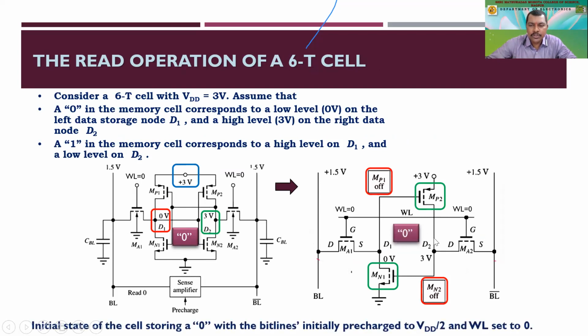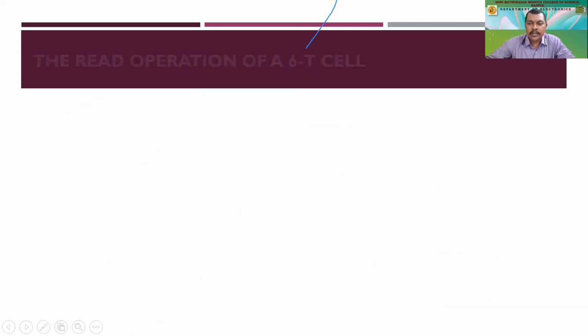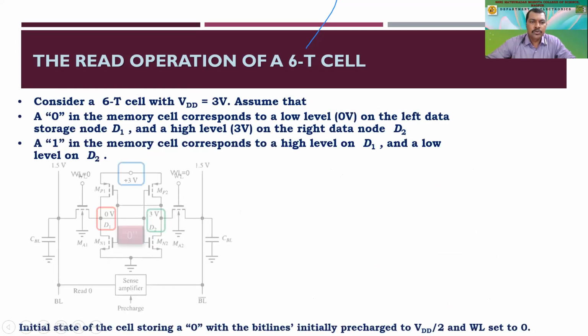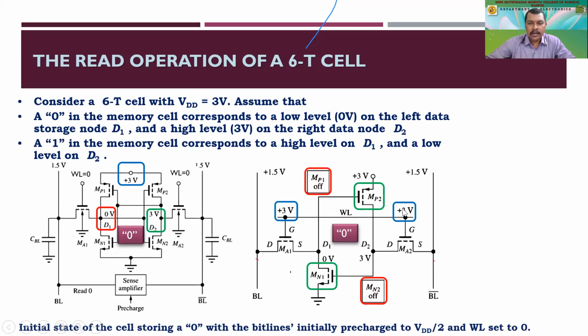Now, the cell storing zero, with the bit lines initially pre-charged to VDD by 2 and the word line set to zero. Right, now consider a 6T cell with VDD equal to 3 volts. Assume that a zero is stored over there. And you are able to see that here we have now set this word line to high, that is plus 3 volts. Now how is this going to read the data?